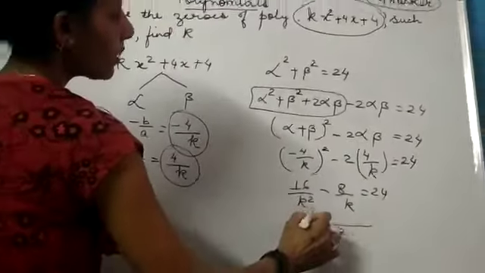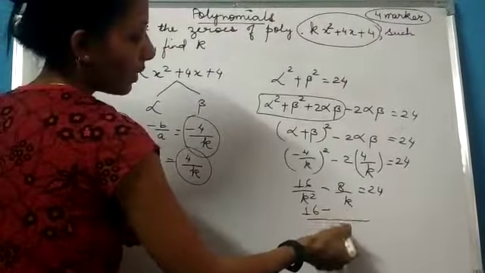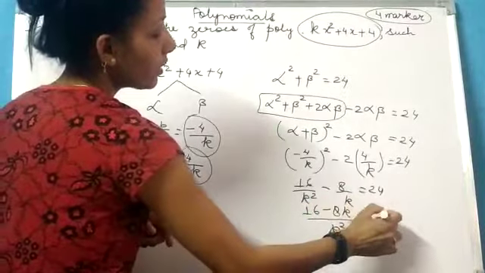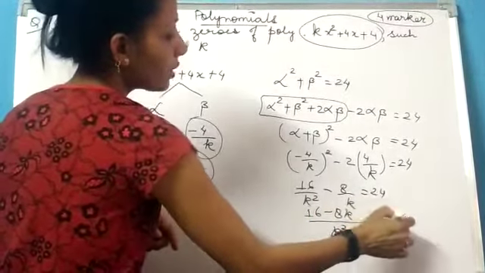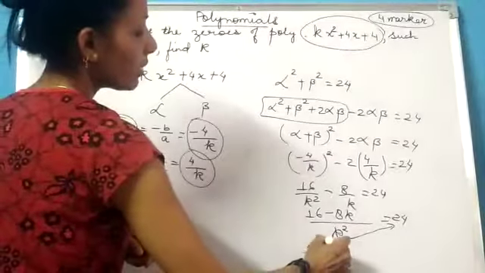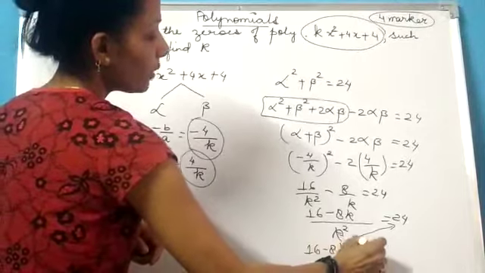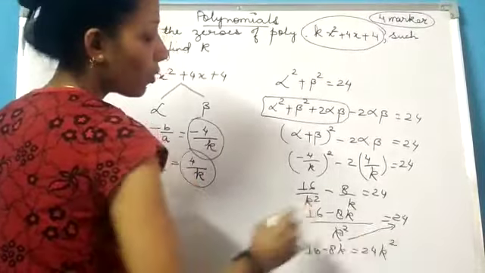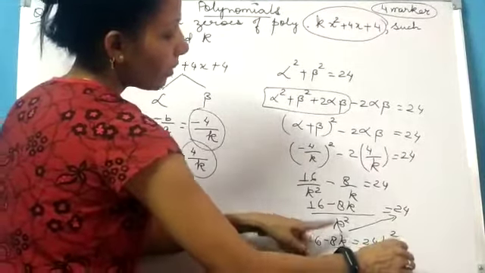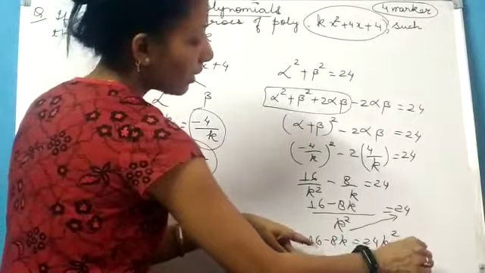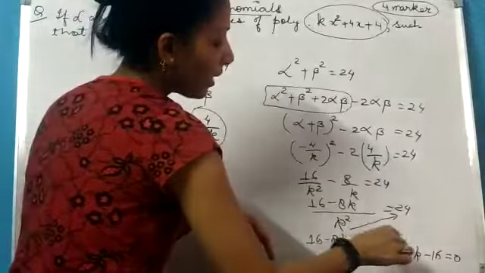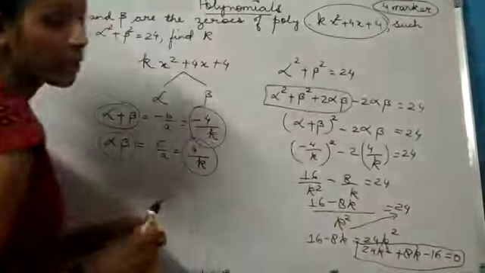So this will be 16 minus 8k equal to 24. This k square will be cross multiplied here and it will be 16 minus 8k equal to 24k square. Or I can say 24k square plus 8k minus 16 equal to 0. So I have got a quadratic equation to solve.